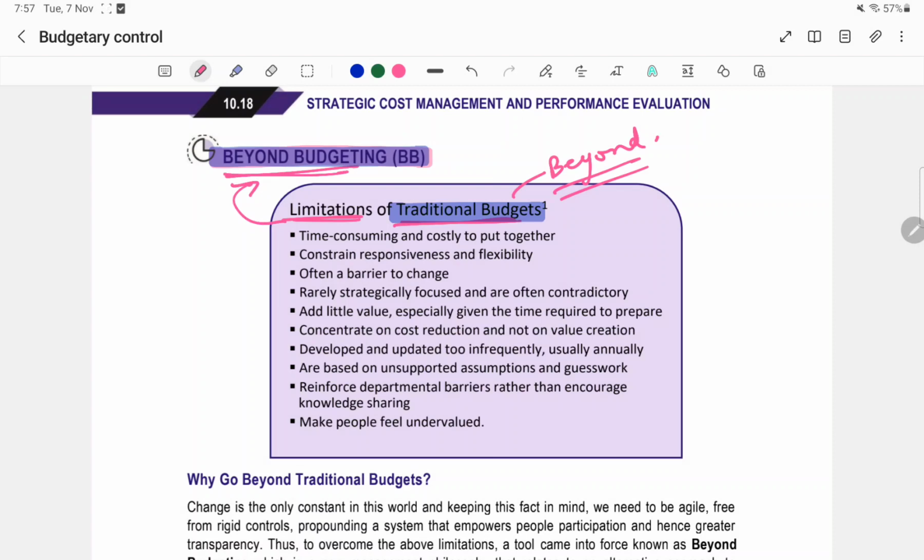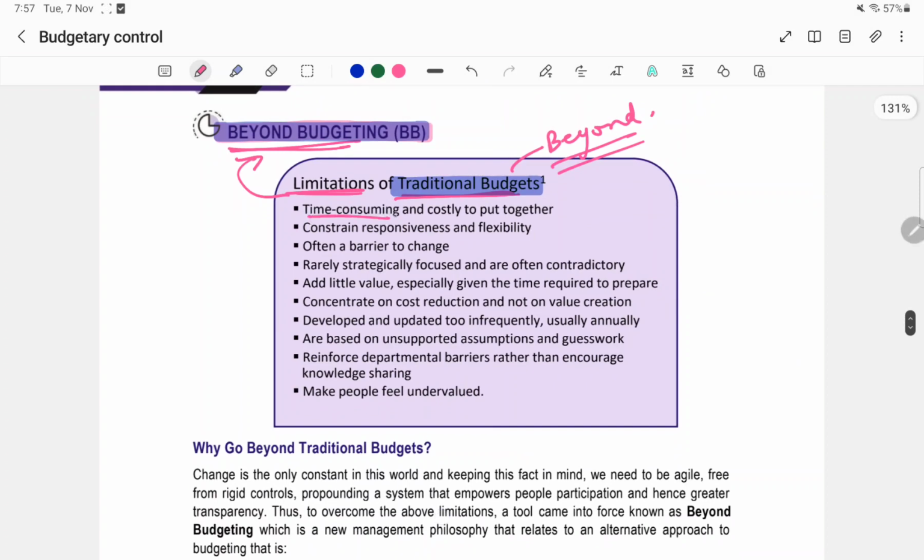So what are the limitations of traditional budget? It was time consuming, costly to put together. Then responsiveness and flexibility; it makes people feel undervalued. You can remember this with a memory trick: time consuming and costly to put together. Let me change the pen color, you can't see in pink. Time consuming and costly to put together, responsiveness and flexibility, barrier to change, strategically focused.